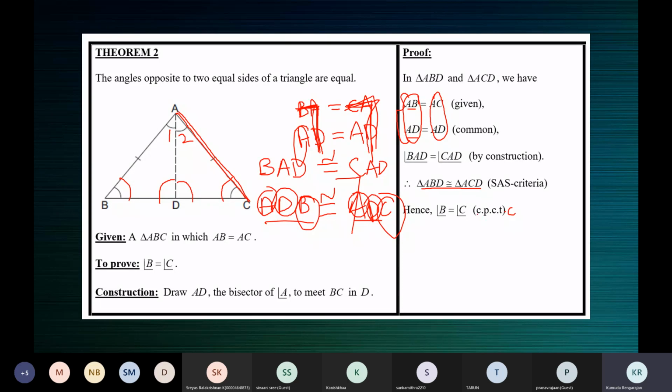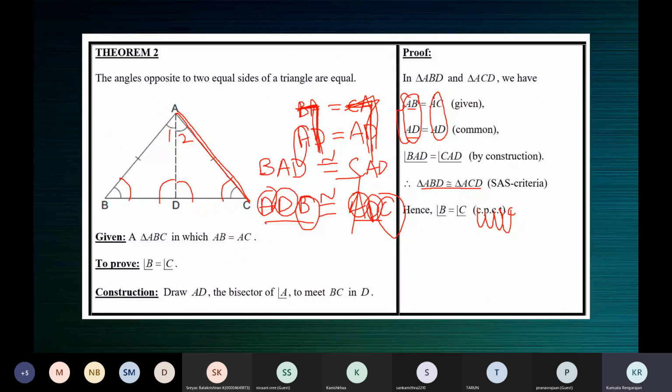Corresponding parts of congruent triangles are congruent, are equal. Congruent means equal.